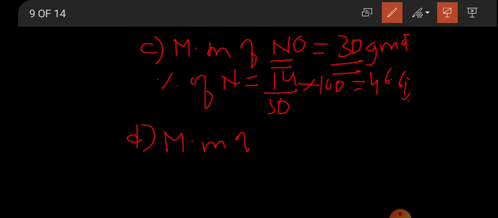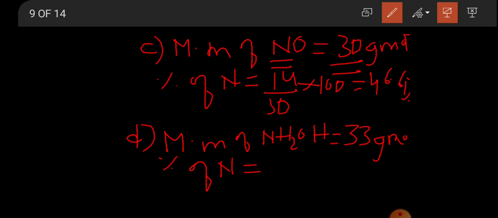And D part, the last compound is NH2OH. Molar mass of NH2OH is 33 gram per mole, and the percentage of nitrogen in this compound is, only one nitrogen atom is present, so 14 gram. Total mass is 33 gram, multiplied by 100.